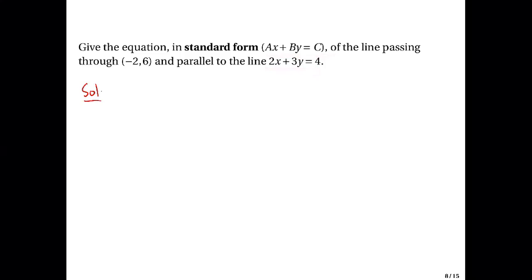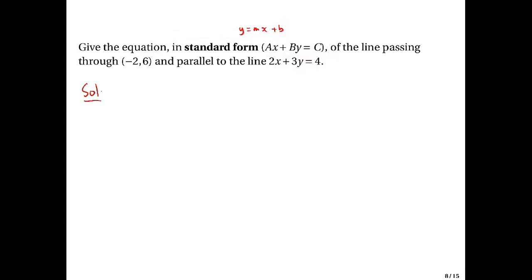Then you can write the desired line in the form y equals mx plus b, where m here is the slope of this guy here. And your b, you will be able to calculate it when you substitute x and y using the point negative 2, 6. That's one way to solve this.